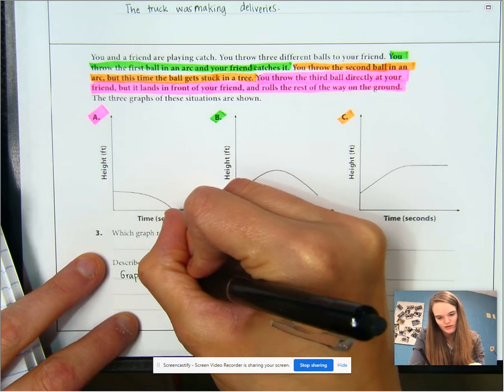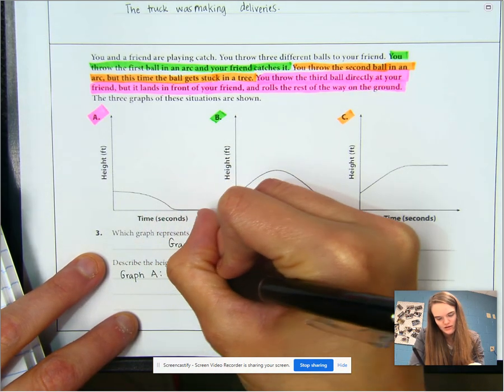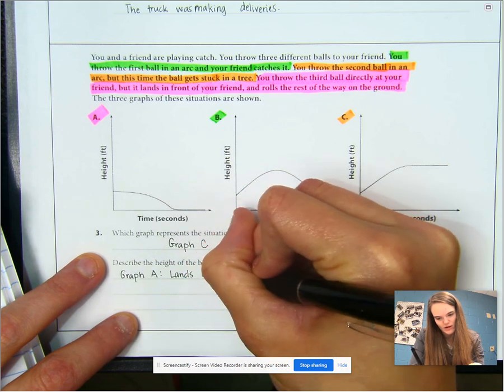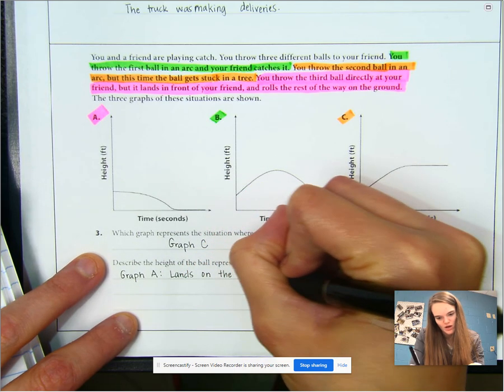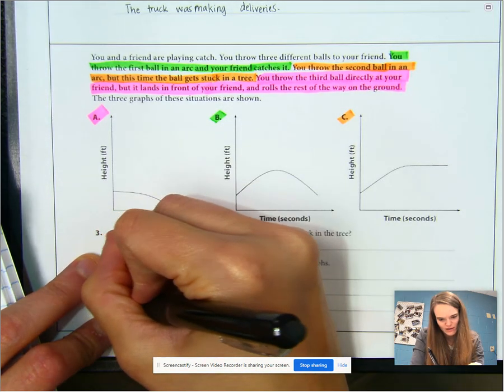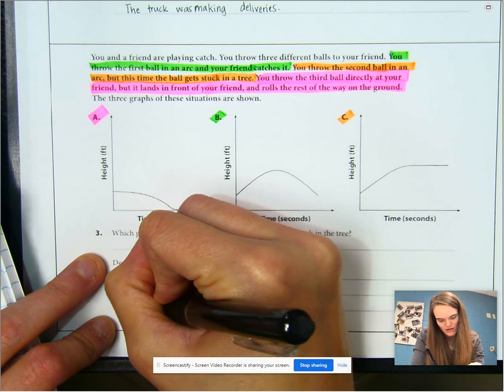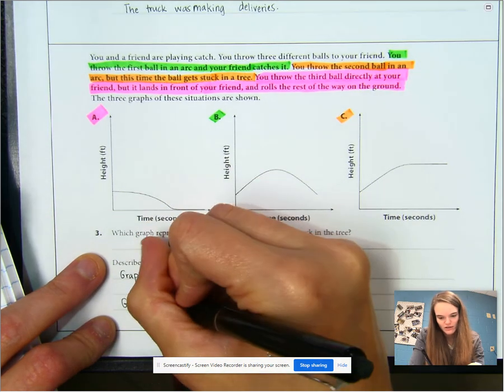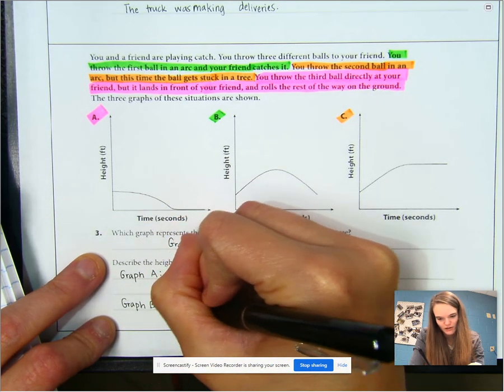Lands on the ground. We're not going to write the whole thing, but we know that graph A goes with the one that lands on the ground. Graph B was caught by our friend.